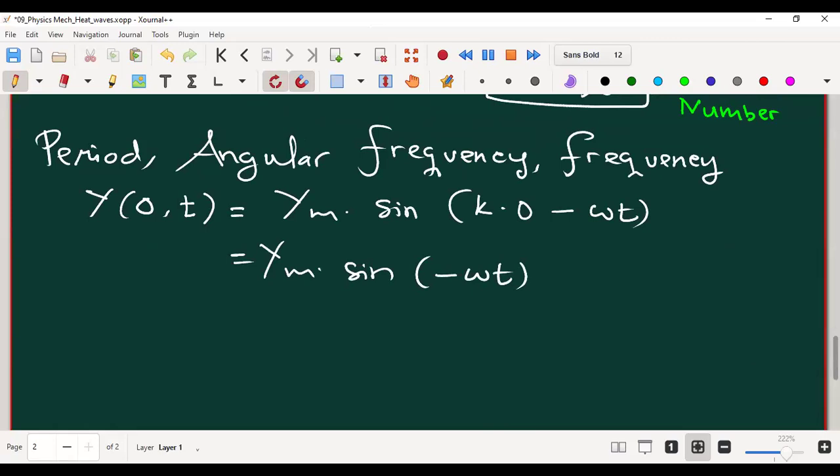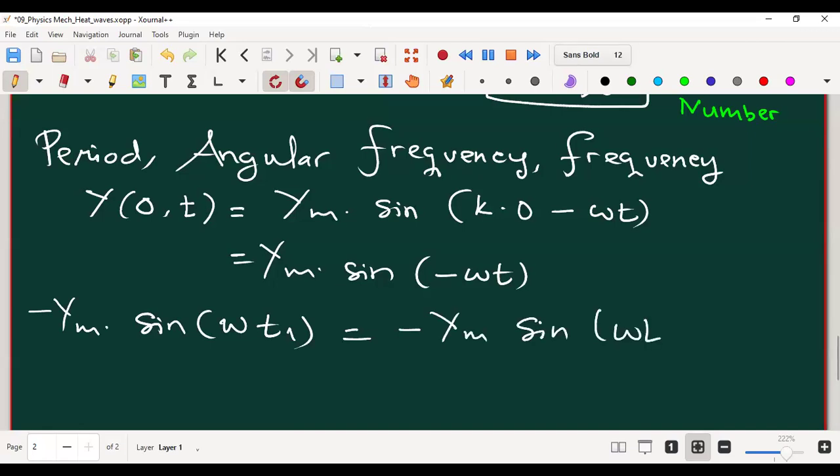Or if we include ym sin omega t1, because sin(minus theta) is equal to minus sin theta, this one is equal to minus ym sin(omega t1 plus omega T).